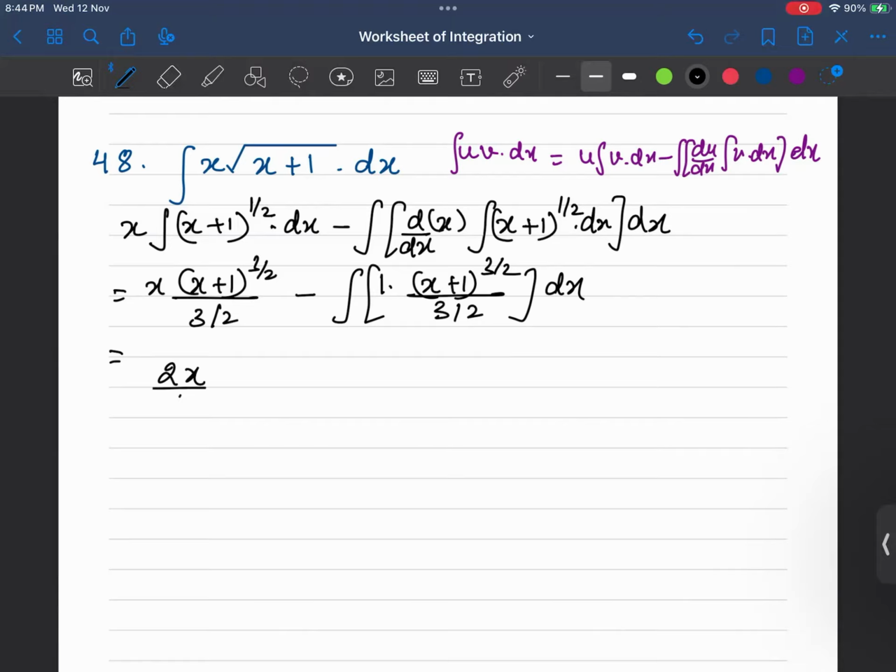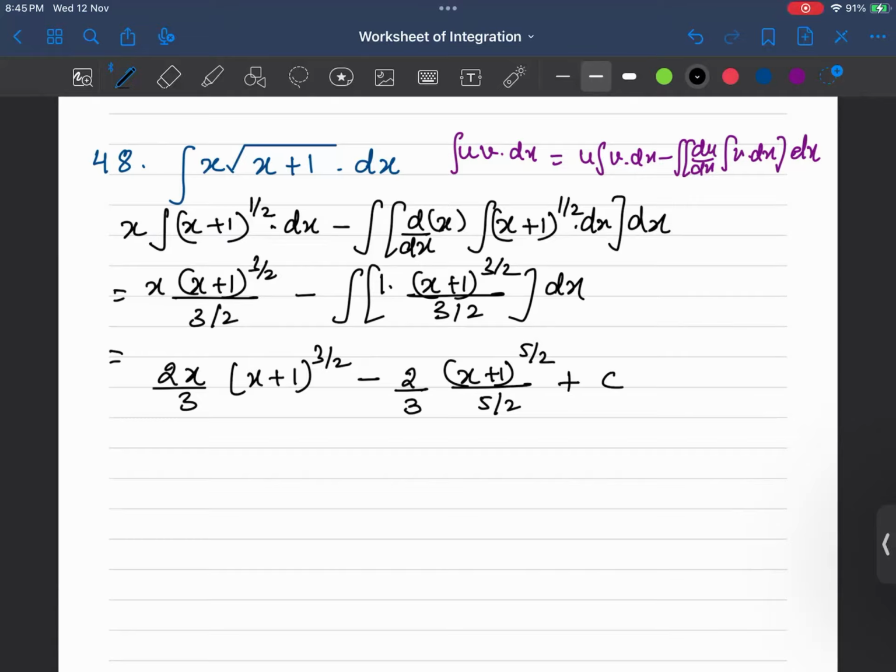We get 2x upon 3 times x plus 1 power 3 by 2, minus the integration of it. Again, 2 by 3 will be outside, and I have to integrate x plus 1 power 3 by 2, which would be x plus 1 power 3 by 2 plus 1, that is 5 by 2, upon 5 by 2, plus c.